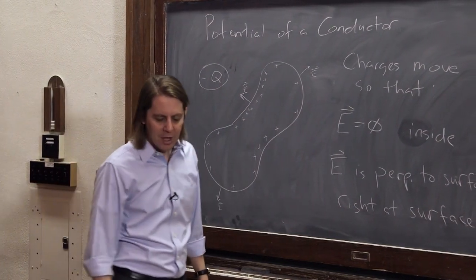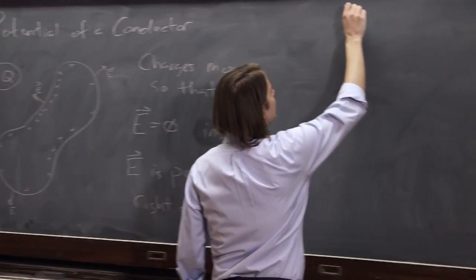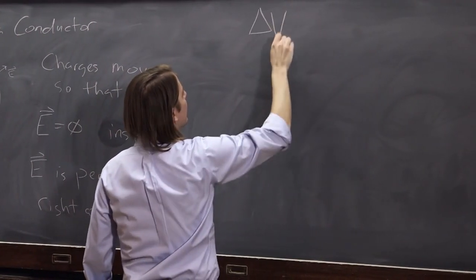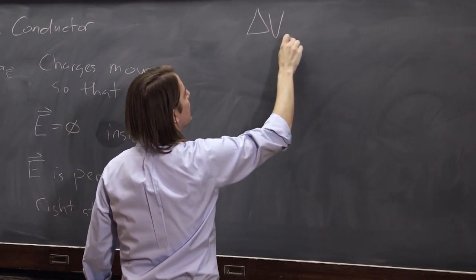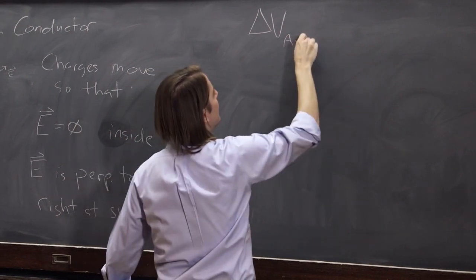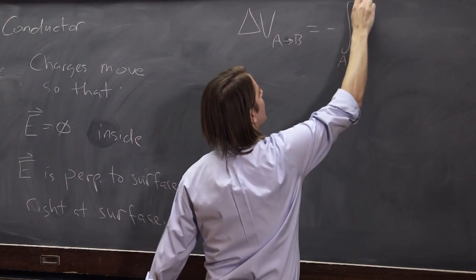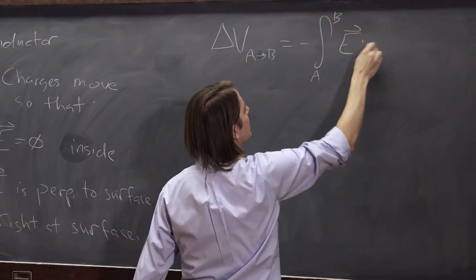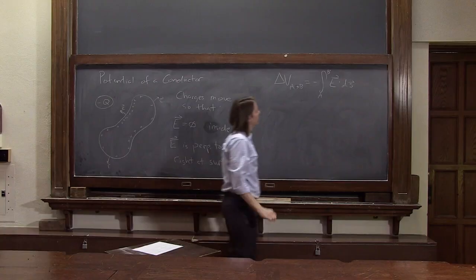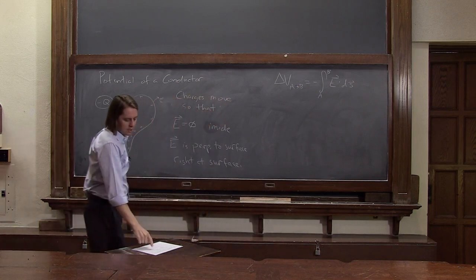Now, let's see, what does potential tell us? Well, delta V from A to B is minus the integral from A to B of E dot ds. Right? So let's see, what does that tell us?